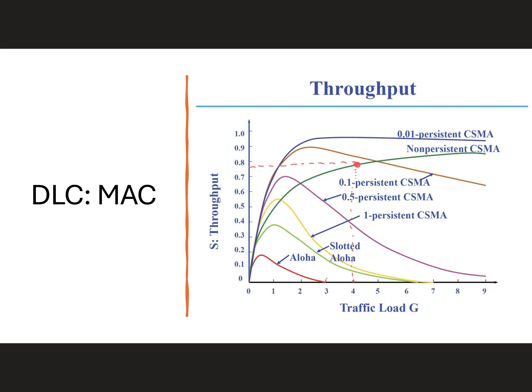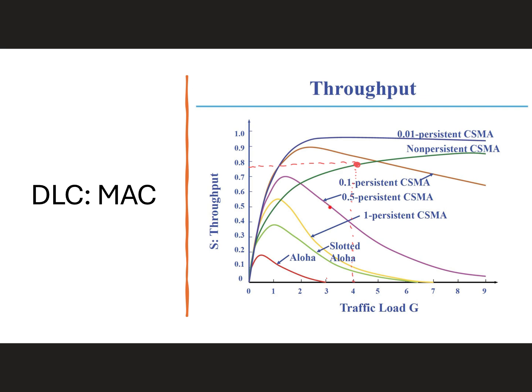And then again, because this is the case for each one of those, if I ask you at a particular load which of these methods you would select as a designer, right? So for example, if I want to compare the non-persistent sigma with the 0.5 persistent sigma, right?